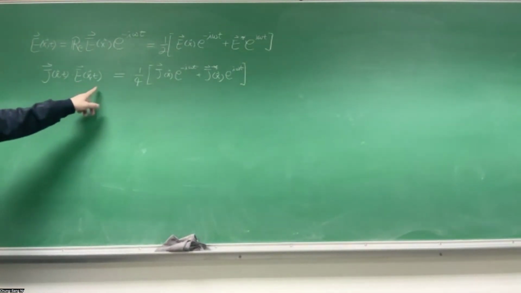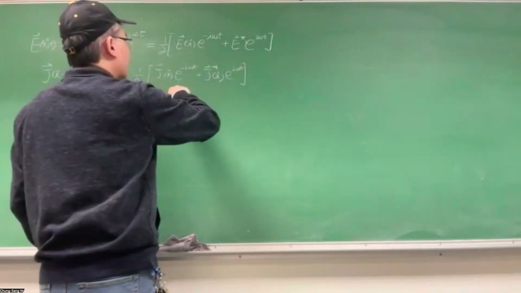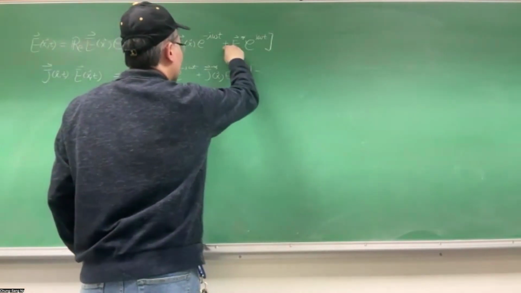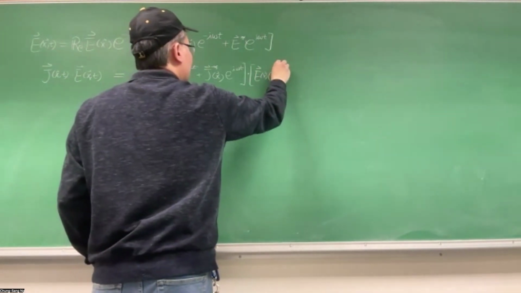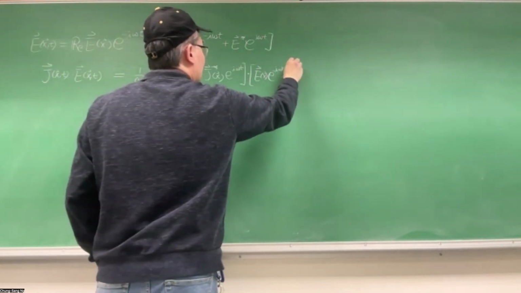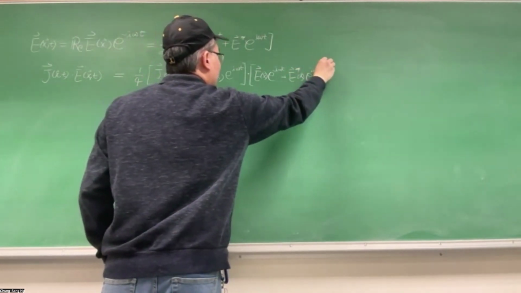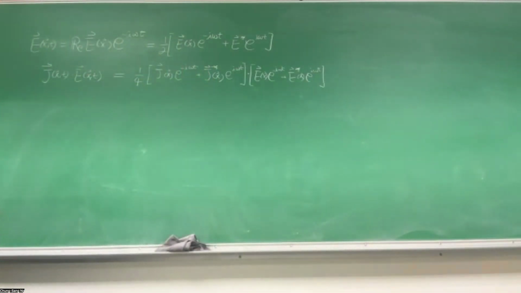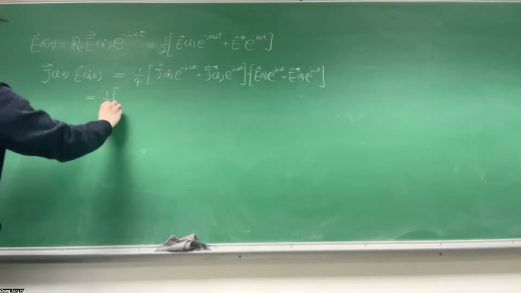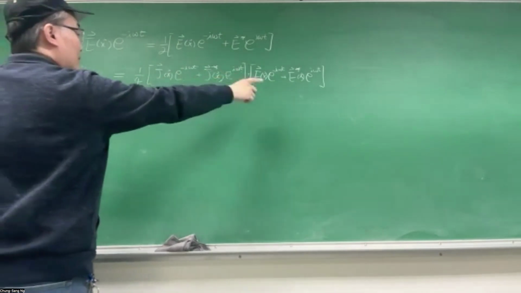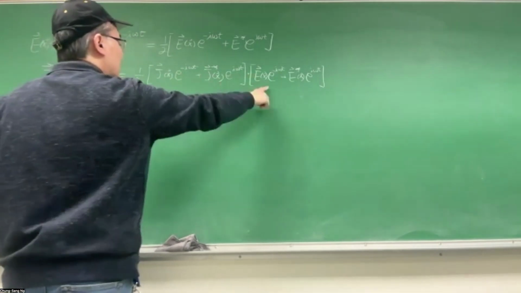So one rule is how to take the product of two of these things. Now, J is like that. E is the same, just like this, minus... plus E complex conjugate. Okay, and then what you can do is just write out the product. So there will be 4 terms, because you have 2 terms times 2 terms.